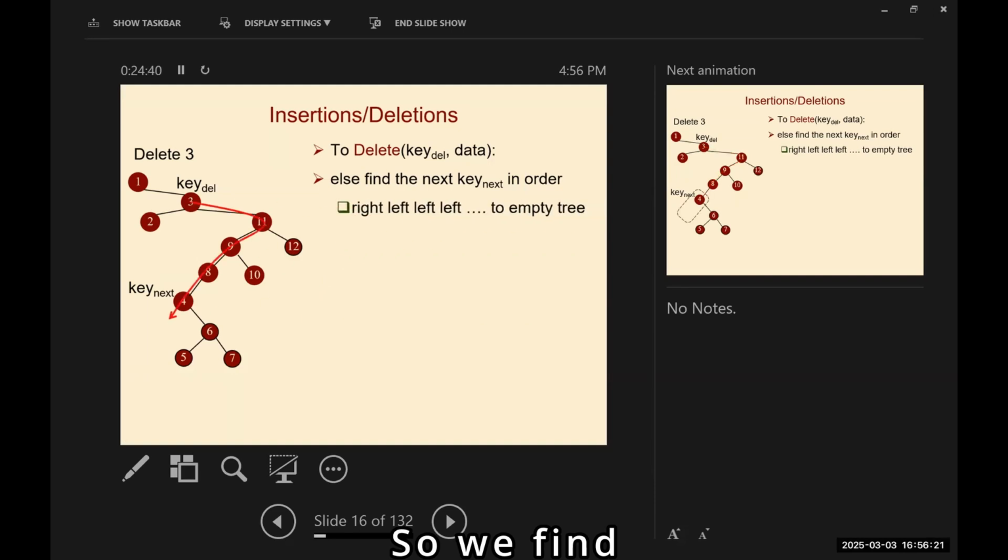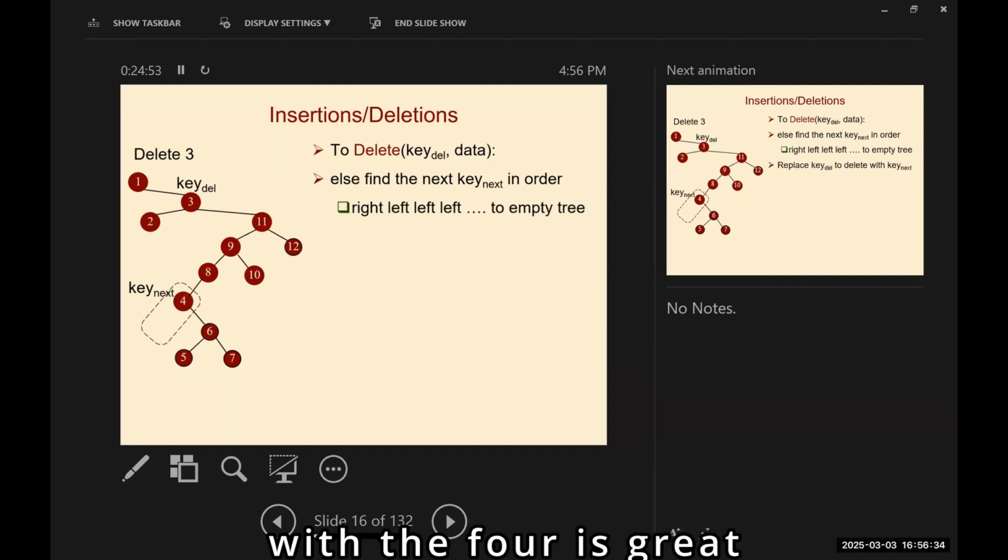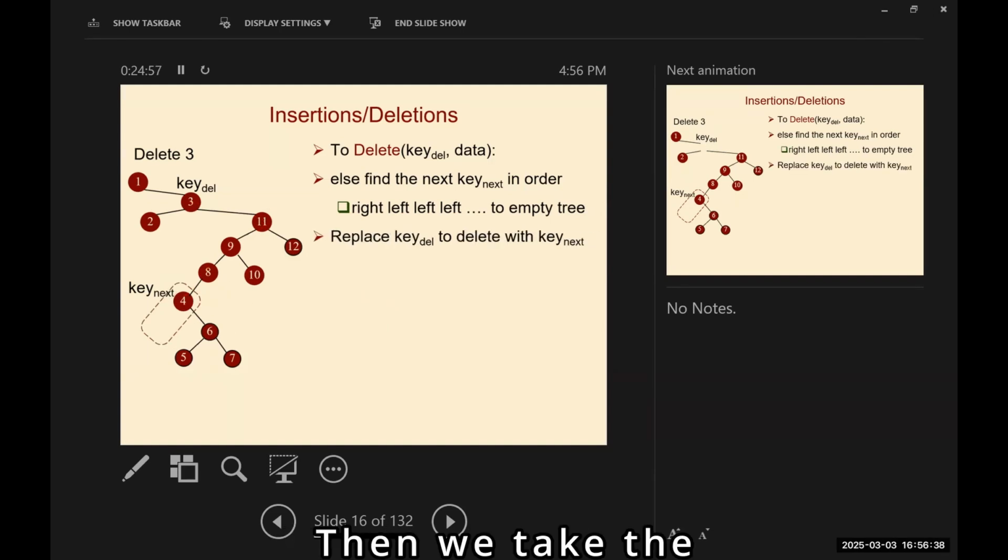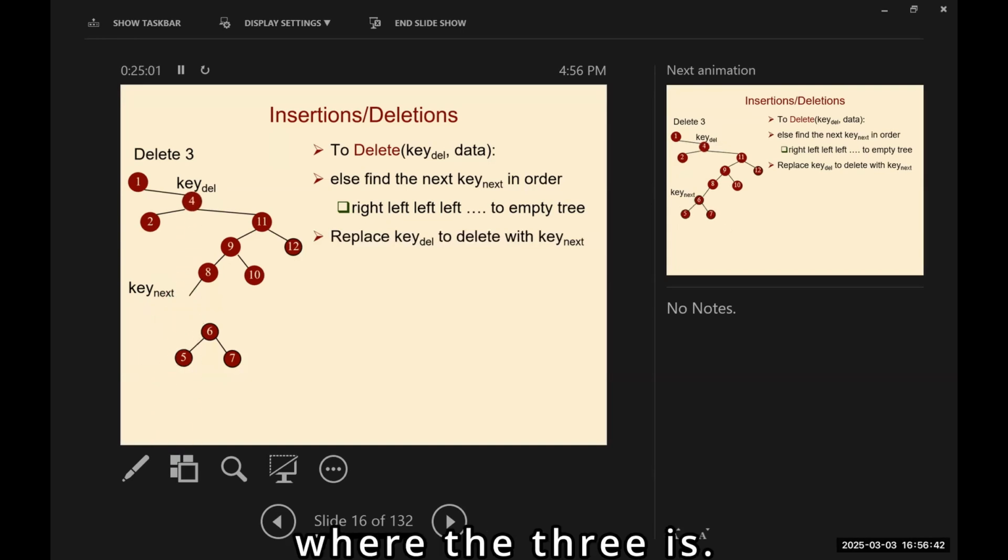So we find the next guy. How do we find the next guy? We go right to get bigger, left, left, left, left to get smaller. We find the 4, right? Then what do we do with the 4 is great because he has nobody on the left. Then we take the 4 and we put it where the 3 is, right?